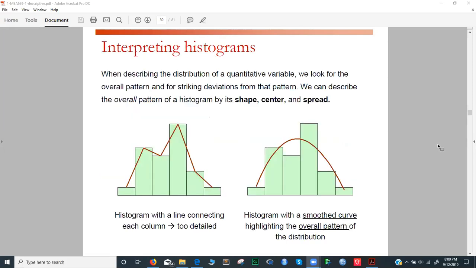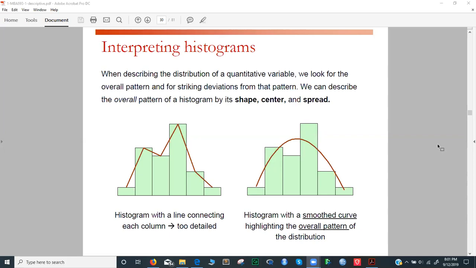Let's talk about interpreting histograms. You can see that the shape is important. You're talking about the spread, and looking at how the shape is. It would be very difficult on the left-hand side of the histogram if you're trying to connect things, like you can see the red line connecting things at the center. Again, the center is somewhat arbitrary because you pick the width of the histogram bins.